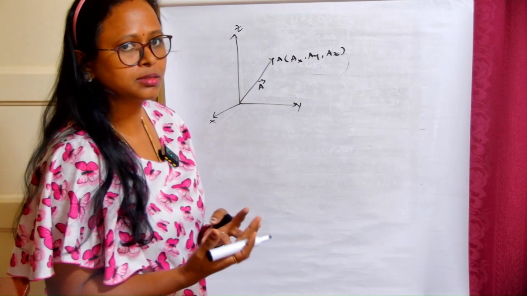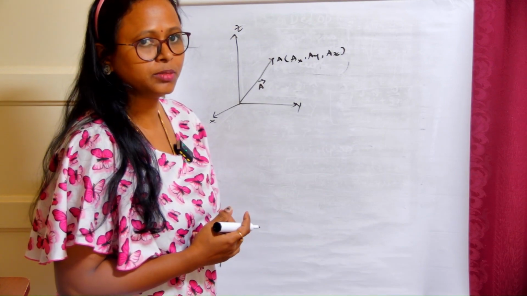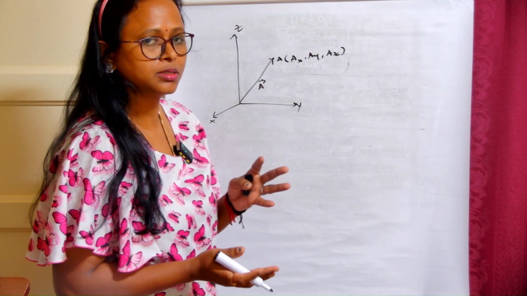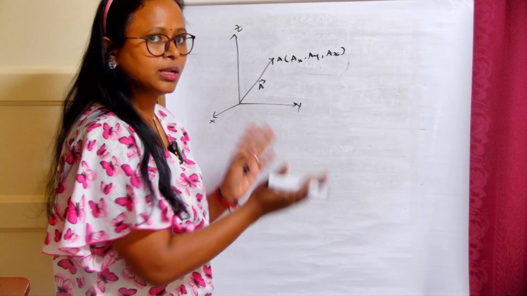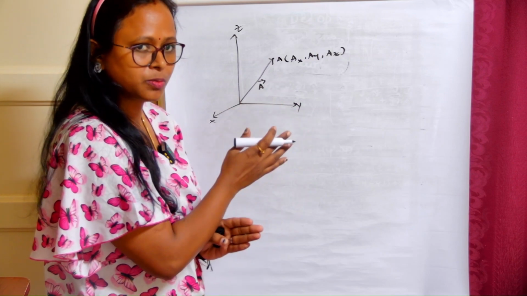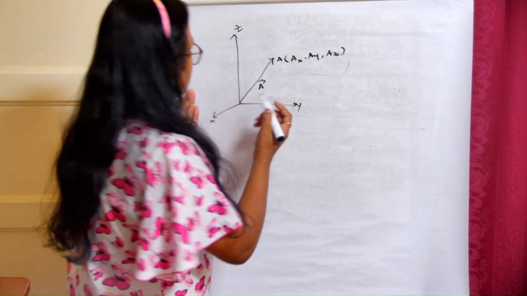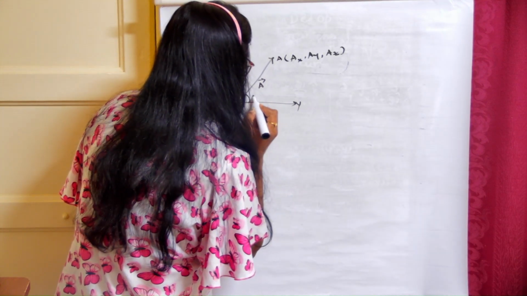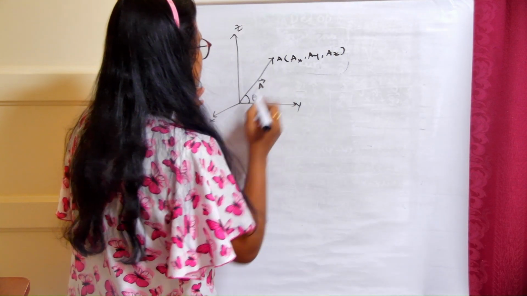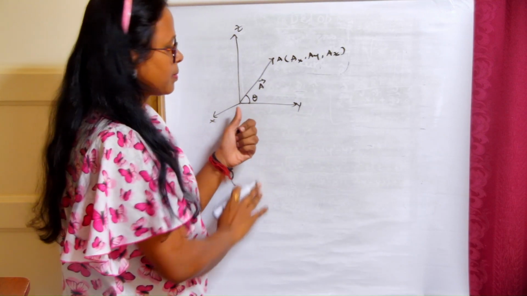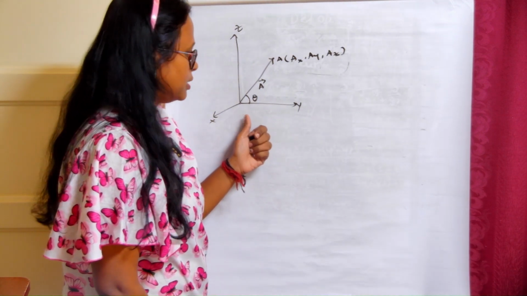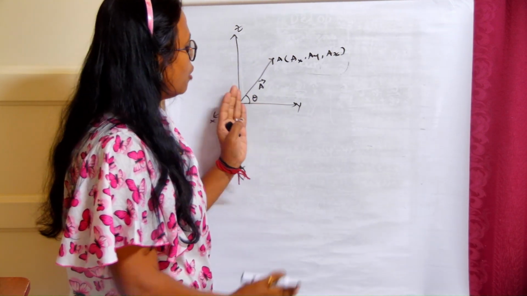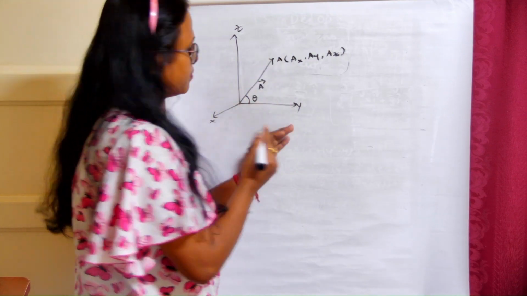So now let us discuss the new coordinate system that is formed by rotating the previous Cartesian coordinate system with an angle phi from its previous position. Say for example, this is the angle that this position vector is making with the y-axis. Then how can we write its components?